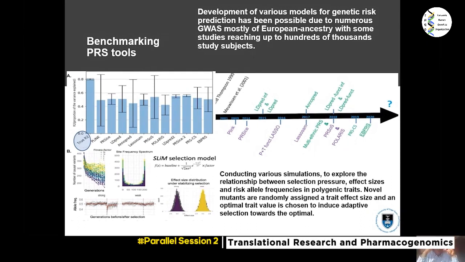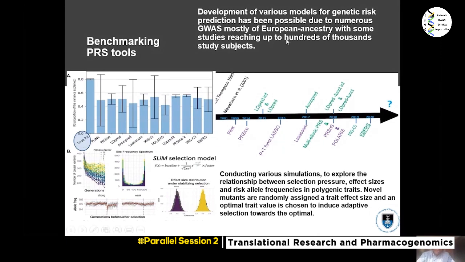So we simulate case control, and we also simulate a true proportion of variance explained, which is over here, and run each PRS tool on the summary statistics that we simulated, coming from case control African data.